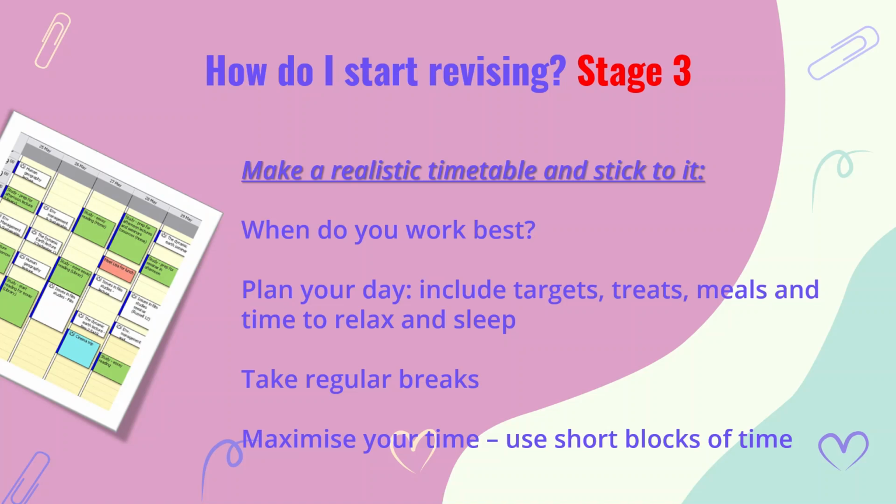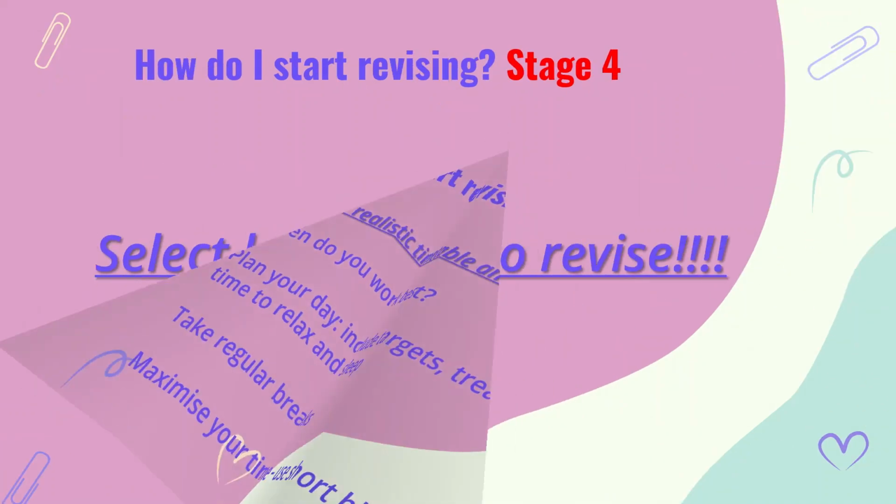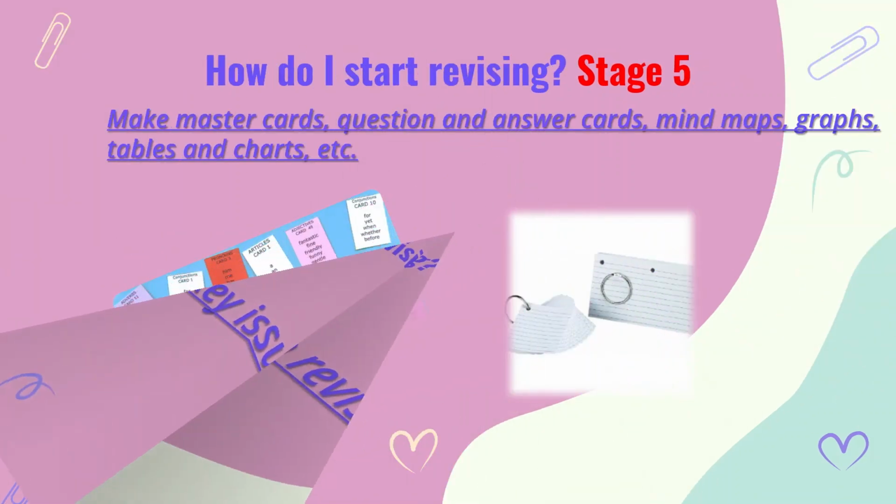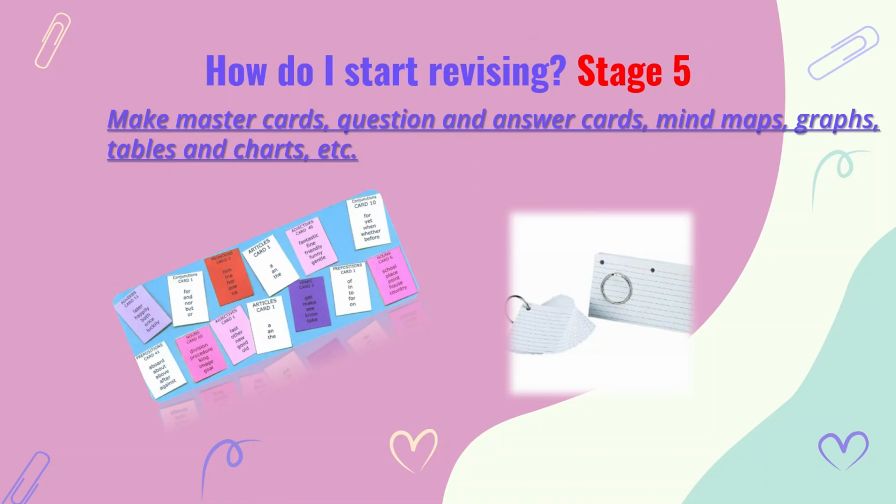Use short blocks of time. And then also select key issues to revise, those problems that you find most difficult. Then also make master cards, question and answer cards, mind maps, graphs, tables, and charts. This is very helpful, especially mind maps, especially if you have a very broad chapter that you need to understand that has many conditions to it.